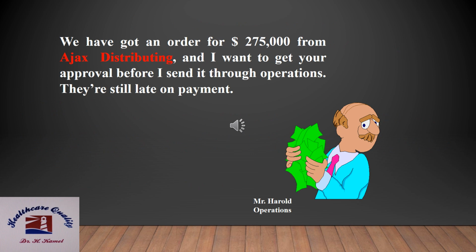Mr. Harold from operations said, "We have got an order for $275,000 from Ajax Distribution, and I want to get your approval before I send it through operations. They are still late on payment."